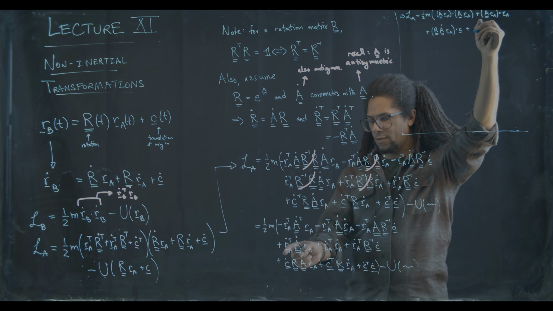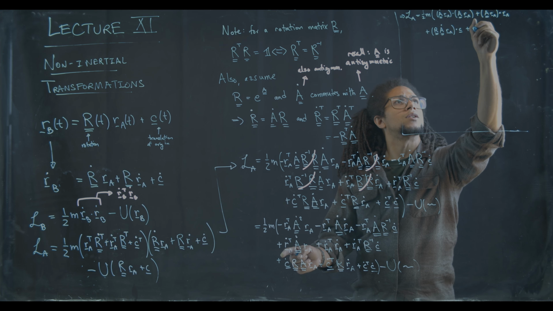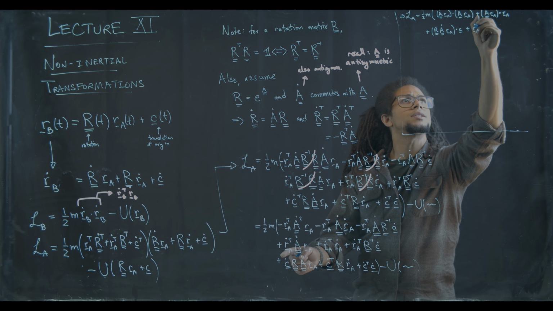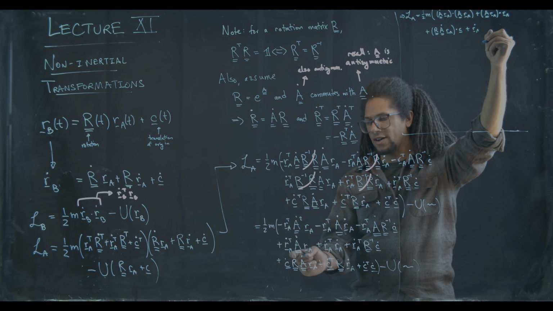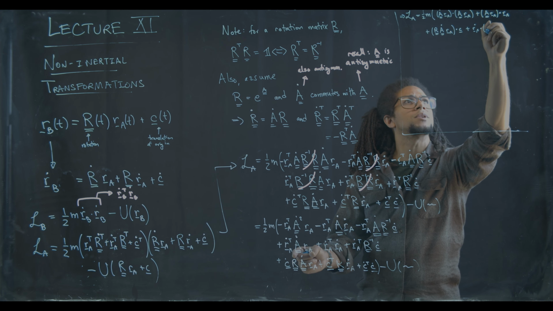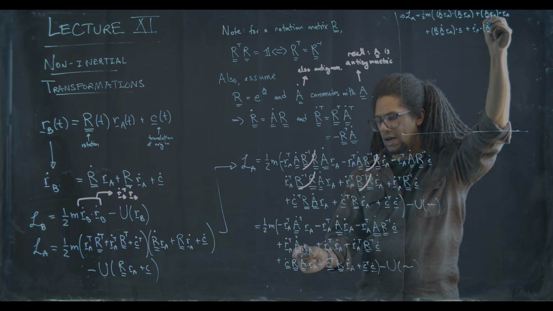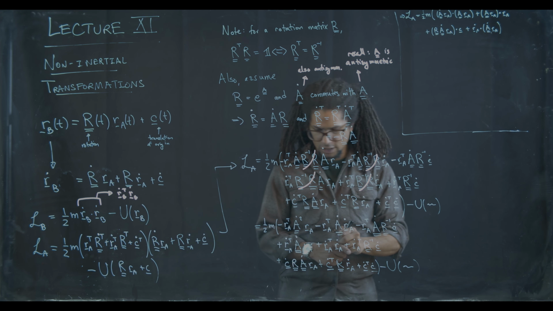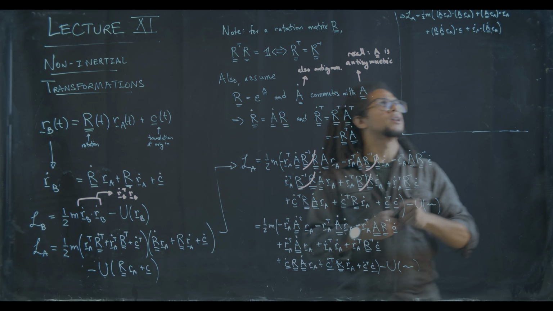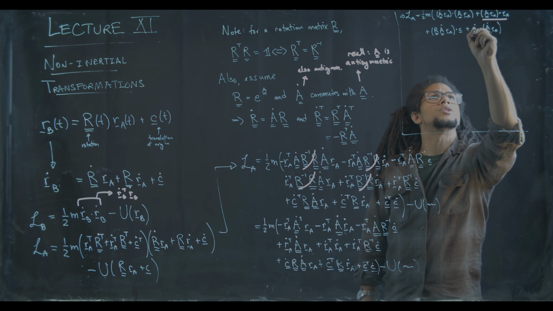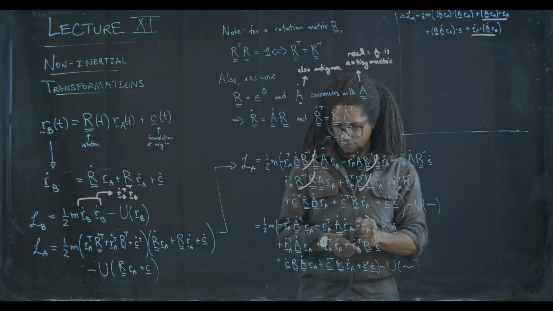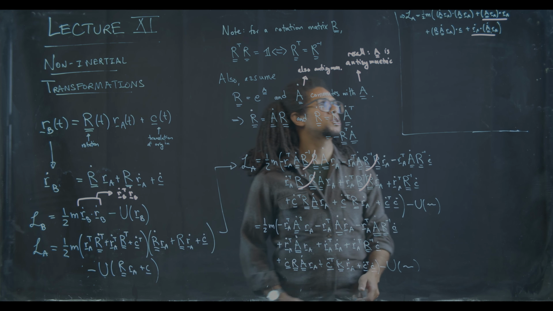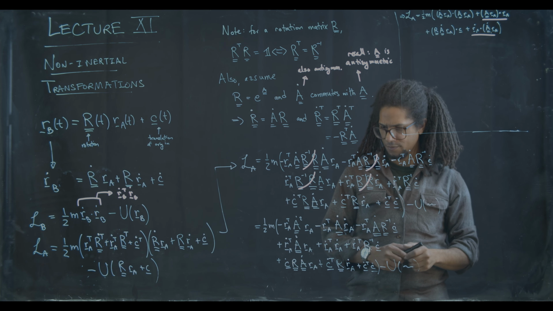So I can express this as RA dot, okay, so that's going to be my left vector, and then my right vector is going to be A dot times RA. And this is the first of several terms that are going to combine, such that my total expression is a lot simpler. Okay.